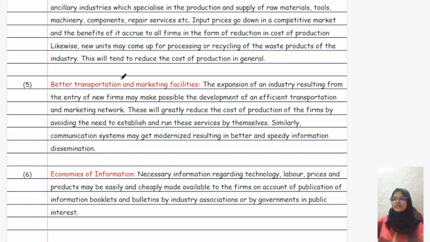Growth of ancillary industries. When an industry is expanding, it increases the number of ancillary industries, other industries which specialize in the production and supply of raw materials, tools, machinery, components, and repair services. These are ancillary industries which help them increase. Previously there were 10 industries, now we have 100 industries.